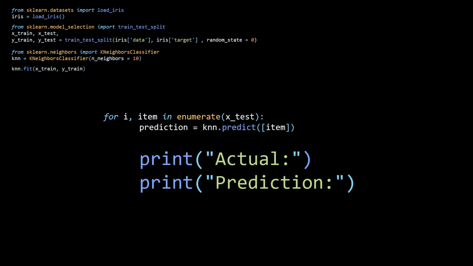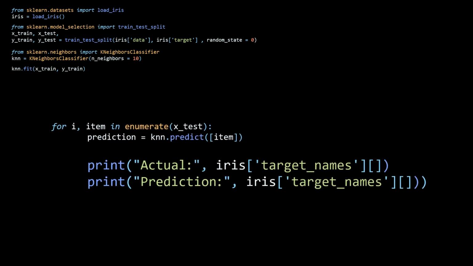The question asks us to display all the predictions. We print the actual and prediction values on different lines. Refer to the iris dataset's target names list for both actual and prediction values.